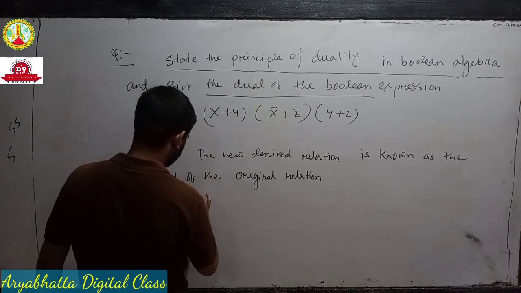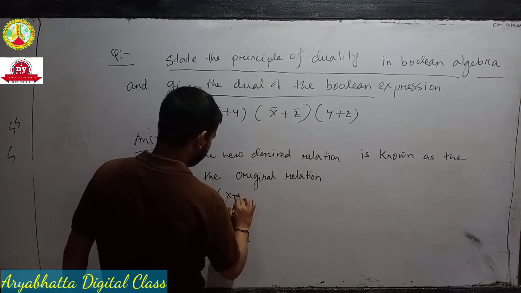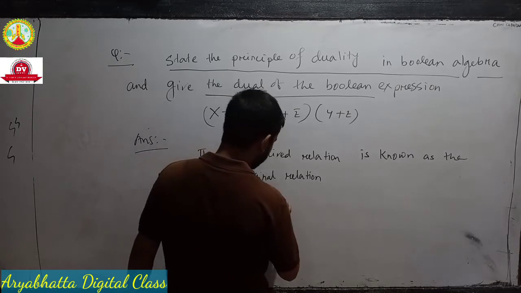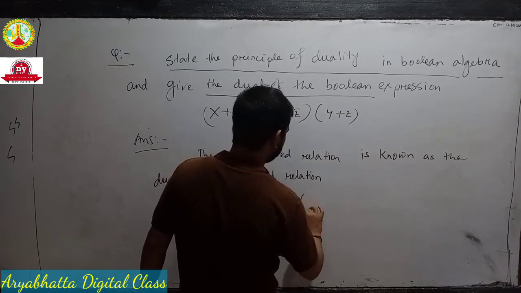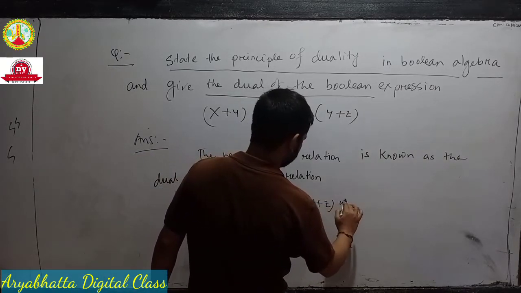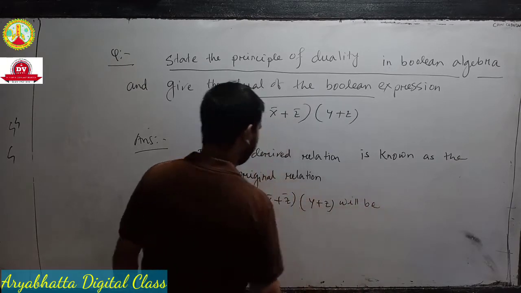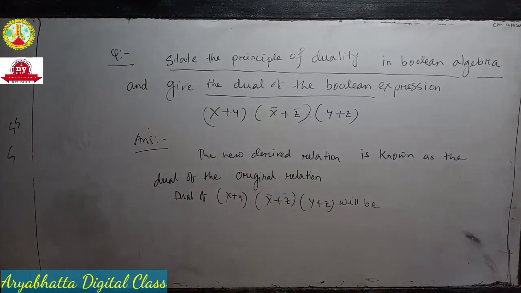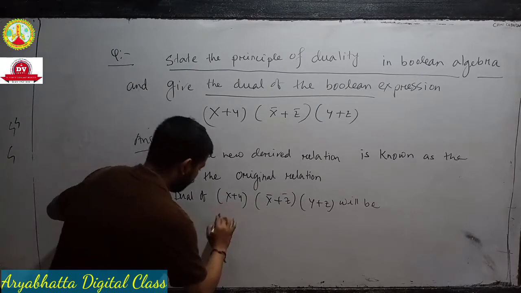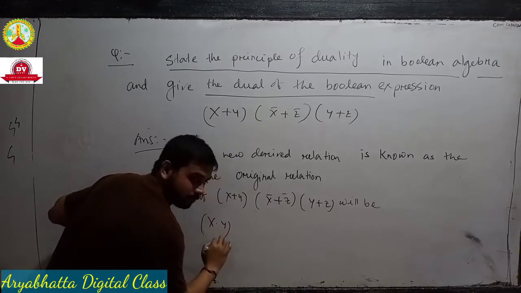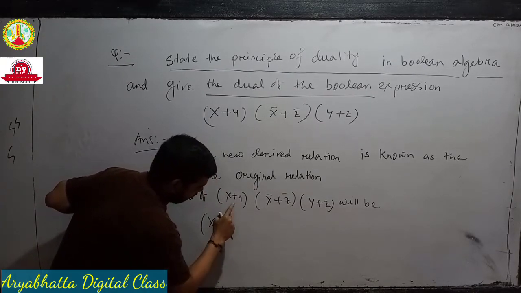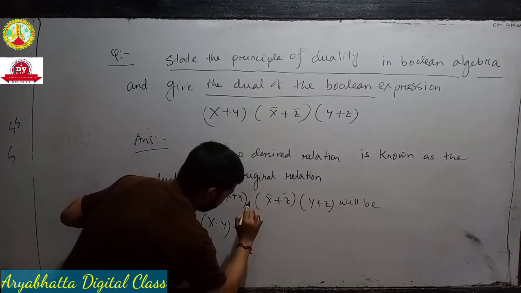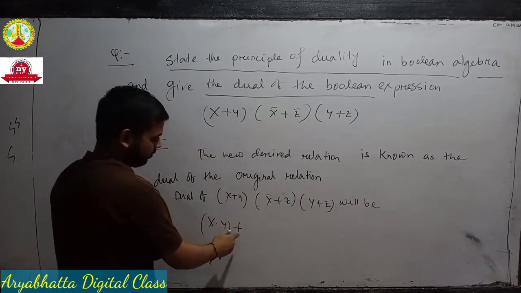The dual of this expression, x plus y into x bar plus z bar into y plus z, will be what? The or sign is converted to the and sign, and and is converted to or.